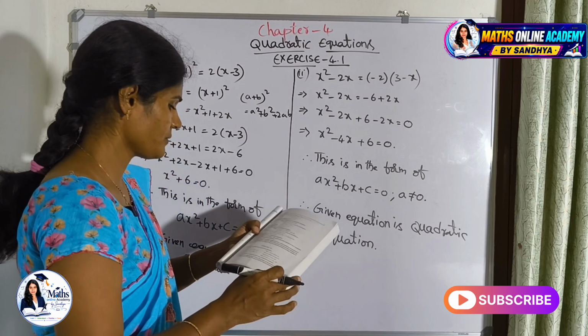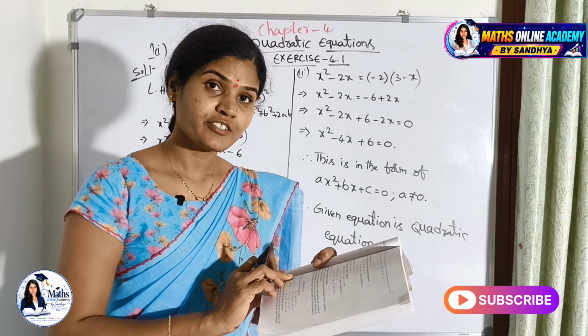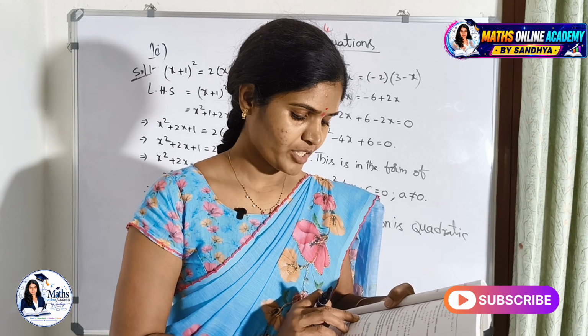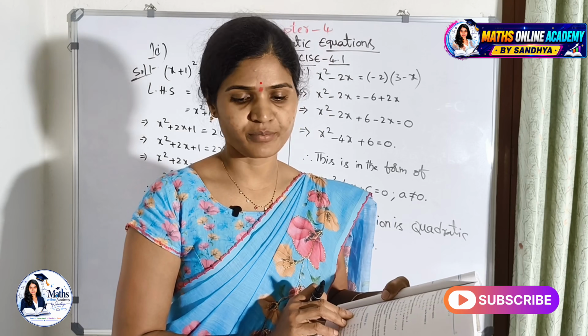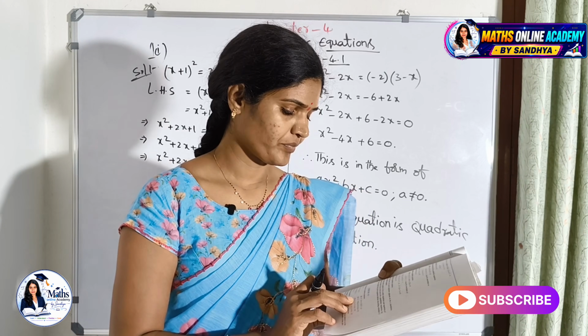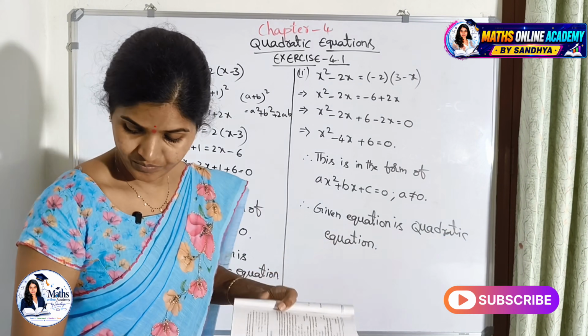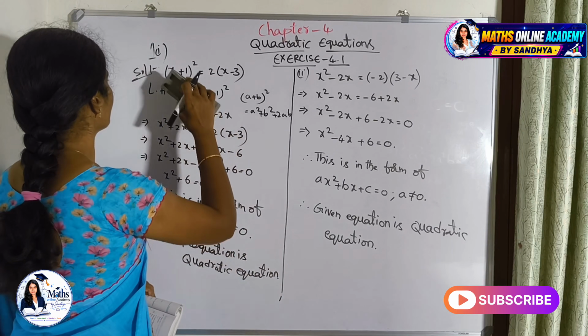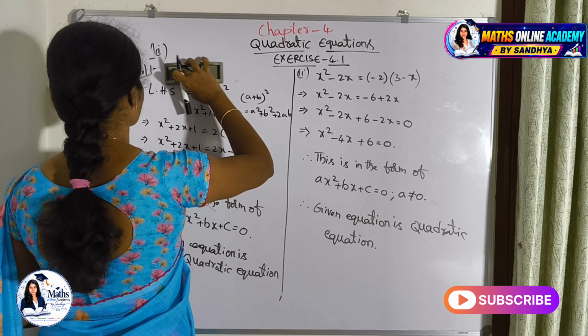Let's see the next question. (x minus 2) into (x plus 1) equal to (x minus 1) into (x plus 3).